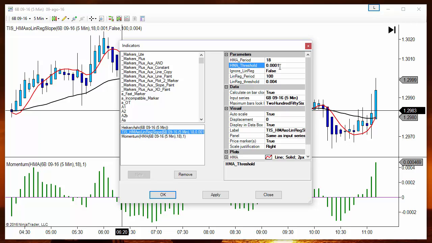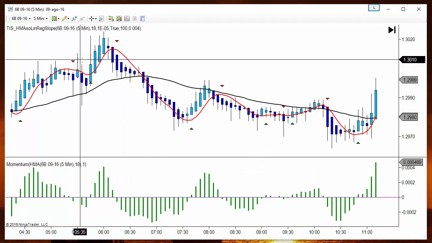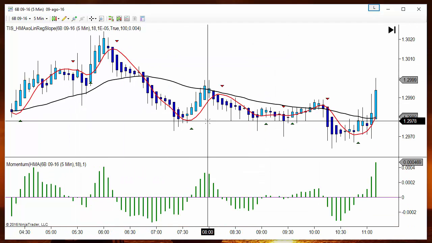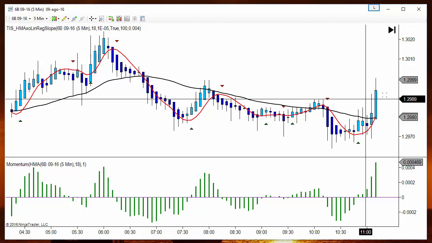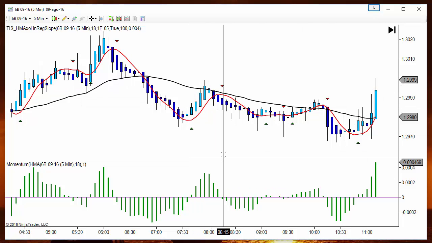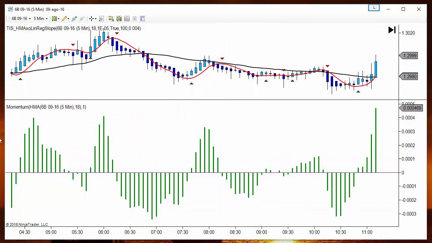So 0.001 divided by 10 to have a starting point that should give us some good signals. Always as a starting point, try to use the tick value divided by 10 for the slope.